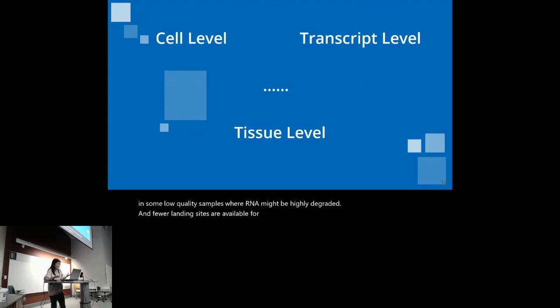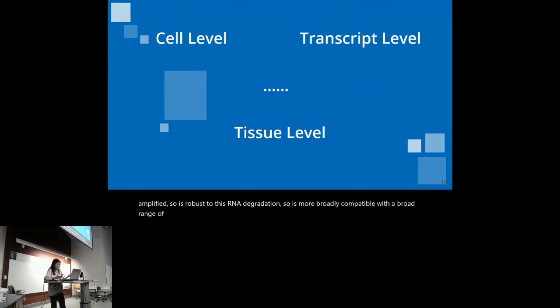Platforms such as Xenium rely on small numbers of landing sites and may subsequently heavily amplify, so are robust to this RNA degradation, and so are more broadly compatible with a broad range of samples.